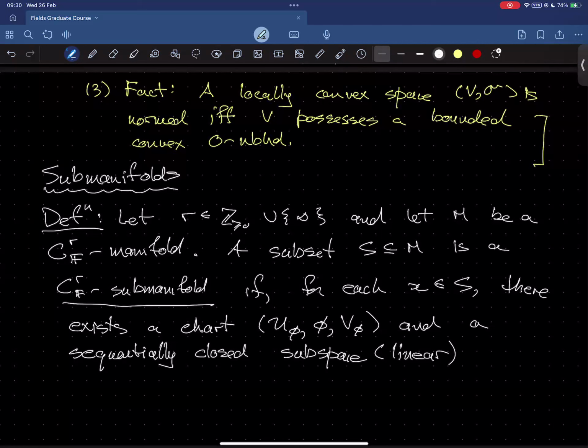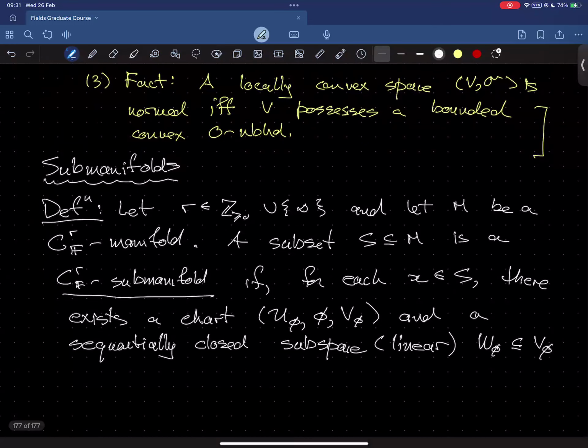In locally convex spaces, you're working both with vector spaces and topological spaces, so typically you want to be careful when you use the word subspace. When I say subspace here, I mean a linear subspace. So a sequentially closed subspace W phi contained in V phi.